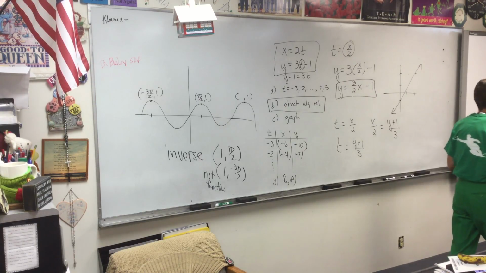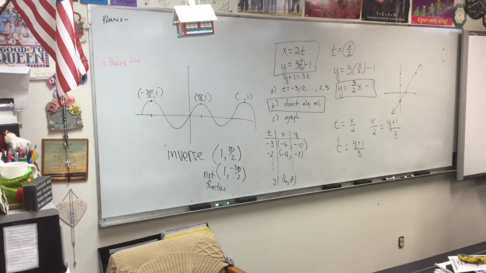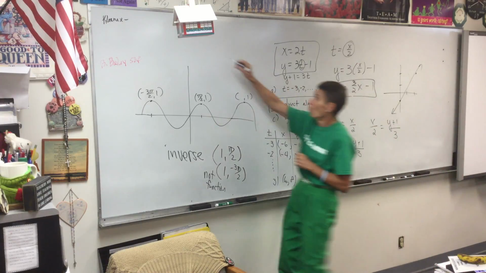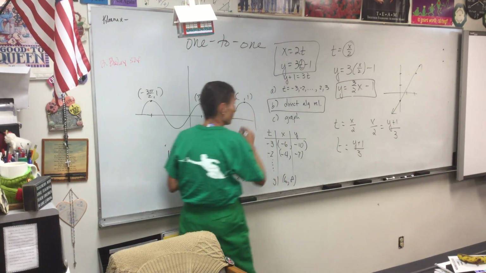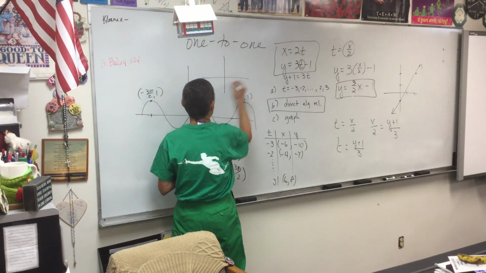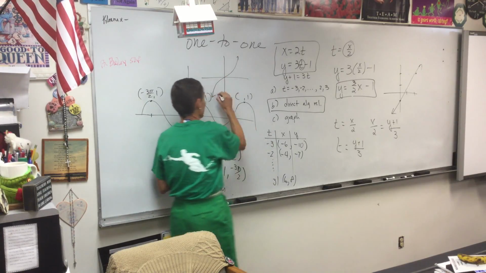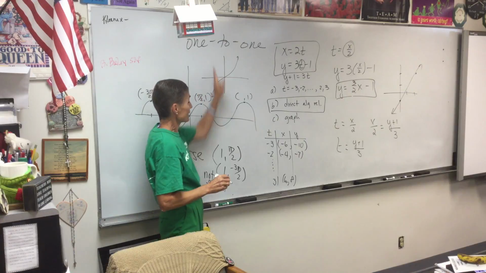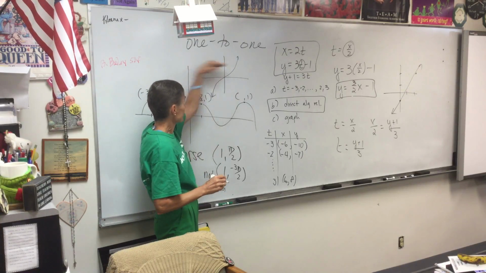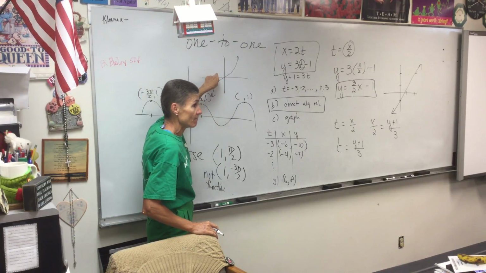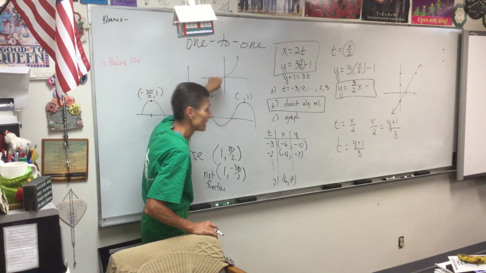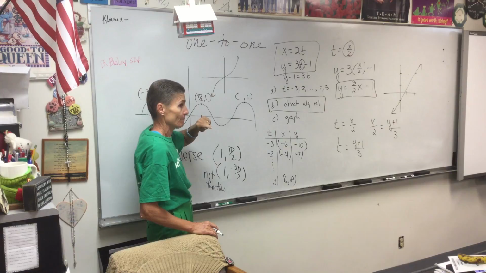If a function passes both vertical and horizontal, it is called one-to-one. So an example of a one-to-one would be your cubic function. Does it pass the vertical? Does it pass the horizontal? That means it is a function and its inverse is a function.